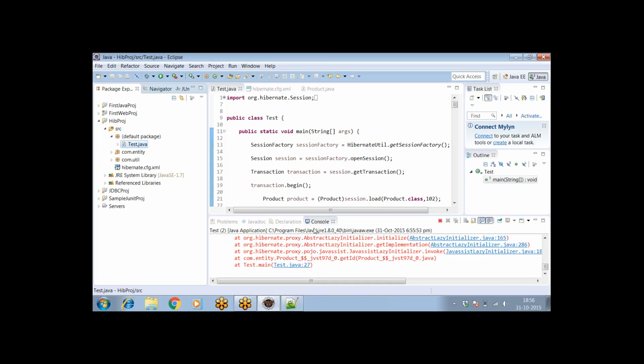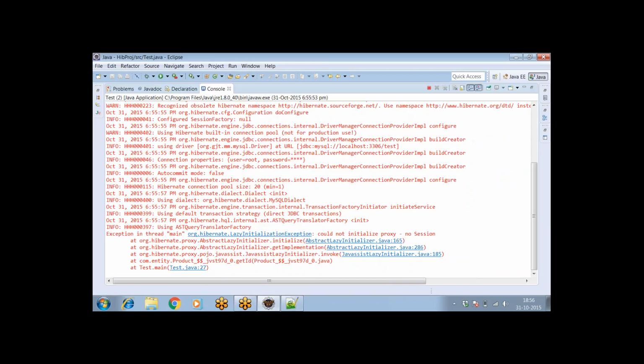You see, this is the exception which you're going to get. Just read that last, from the last fifth or sixth line. You see the highlighted line here. What does it say? It says LazyInitializationException.